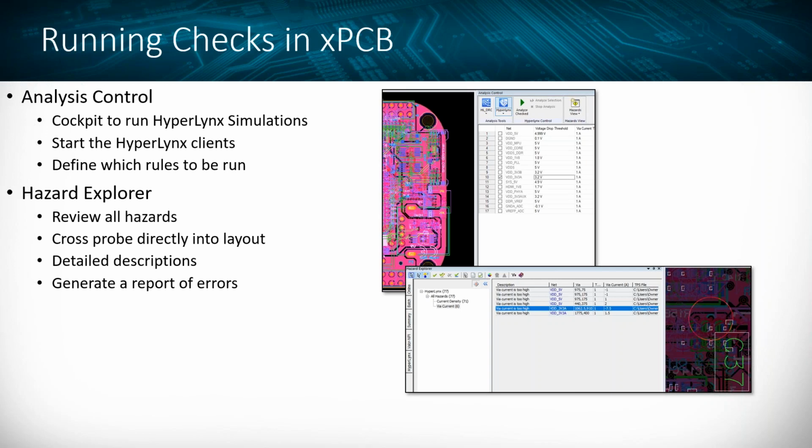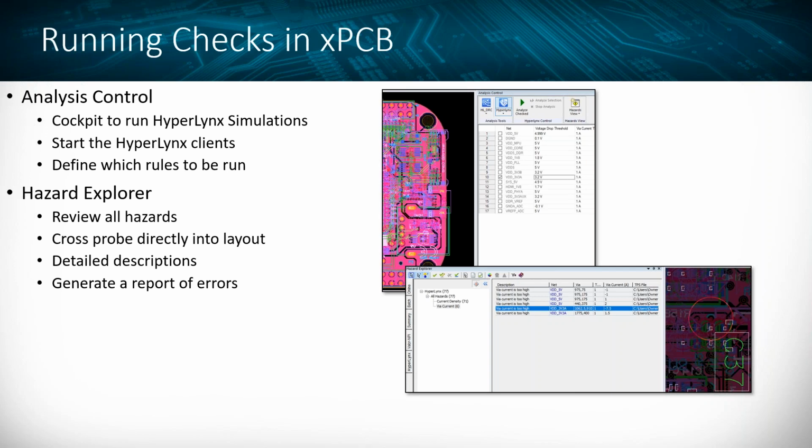So you'll see that we can actually start the HyperLynx DRC client as well as the HyperLynx PI client directly within that analysis control dialog box. In here, we have quite a few things that we can actually adjust. Okay, so as in the normal HyperLynx PI tool or the HyperLynx DRC tool, we're actually able to select which rules we want to have run, as well as on which nets. And then we are able to even adjust some tolerances directly within this analysis control dialog box.